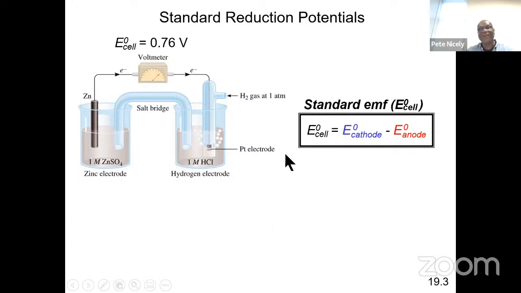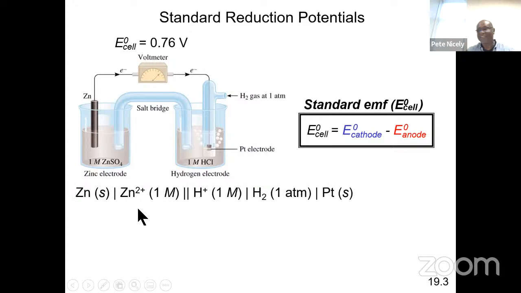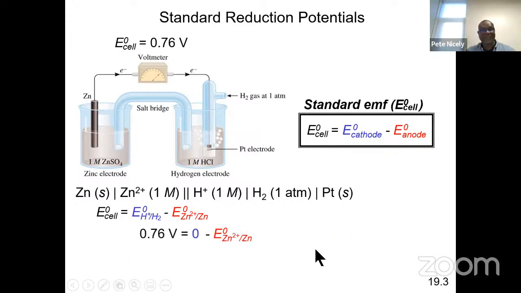So in the case of this cell, that's the equation. Because reduction takes place at the cathode, we put that first, and that is defined as 0. For the anode, where oxidation takes place, we don't know what that is, but when we measure the difference between the two, we find that E of the cell is equal to 0.76, as we said before.